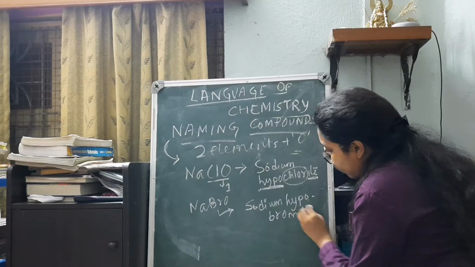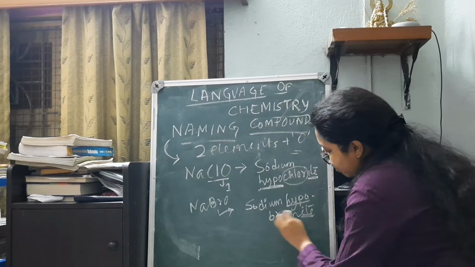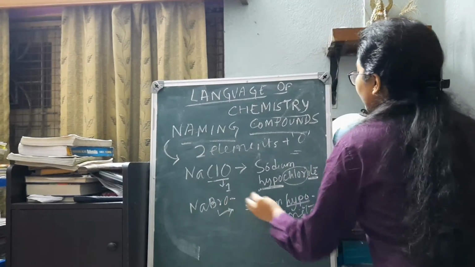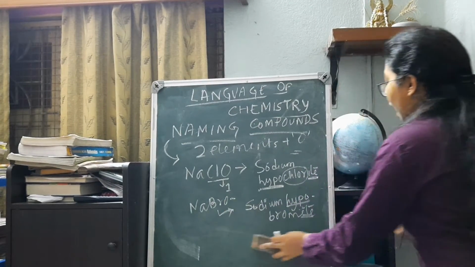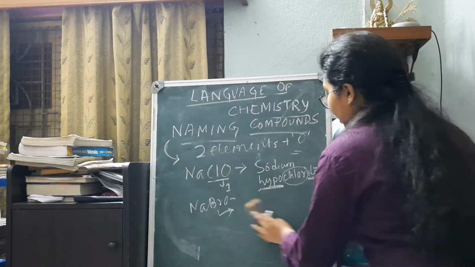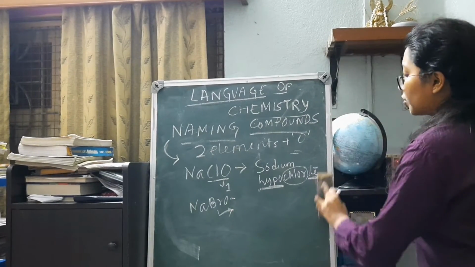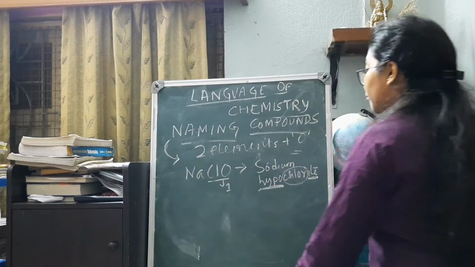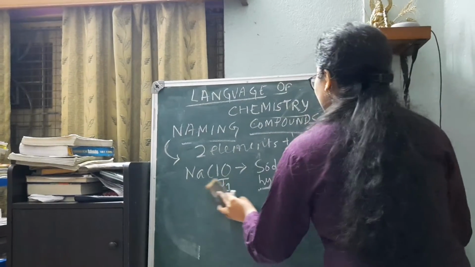Okay, hypo and ite is very essential for a single oxygen atom. The more examples you practice and write down on your own, the better it becomes for you to remember it.